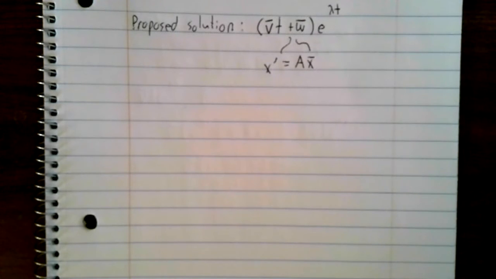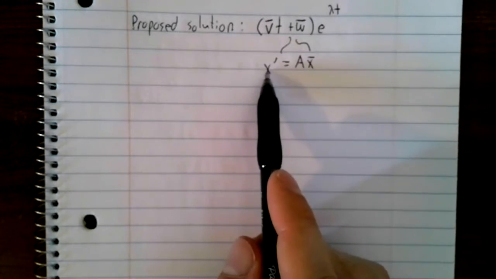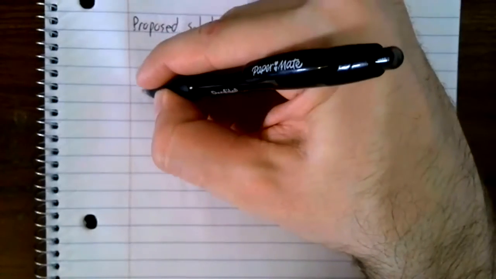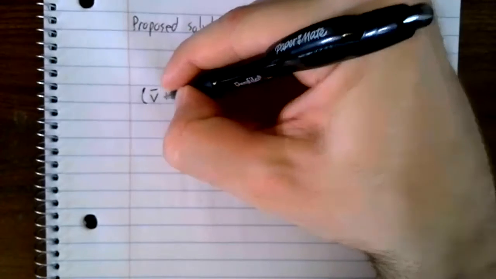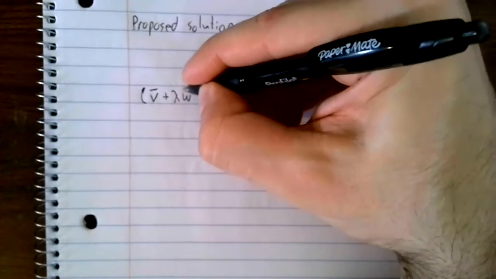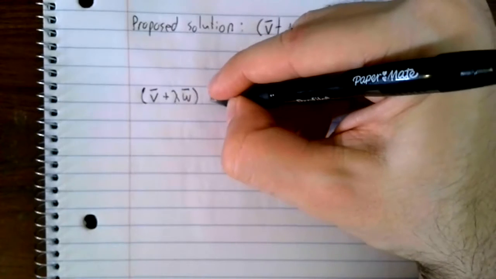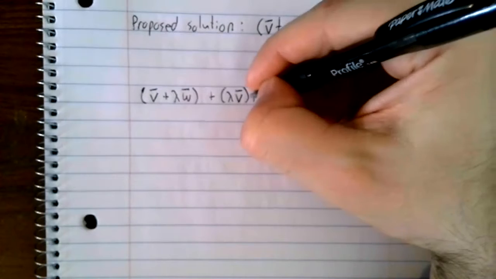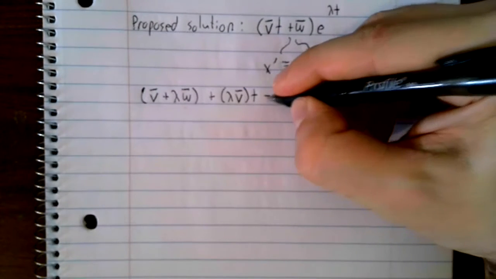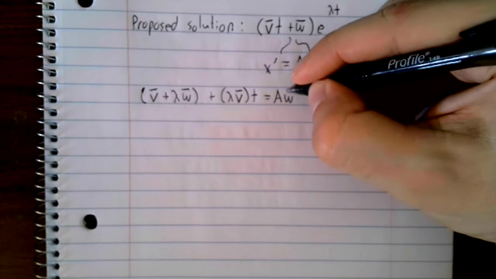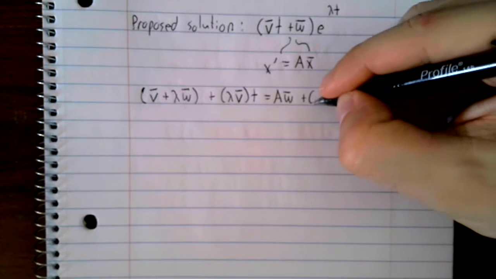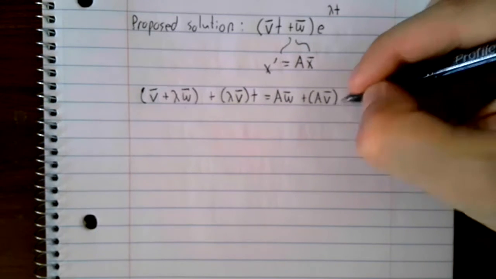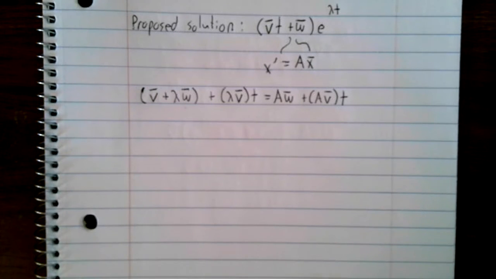After we simplify and divide out the non-zero e to the lambda t terms, this will give us v plus lambda w plus lambda v times t equals Aw plus Av times t.